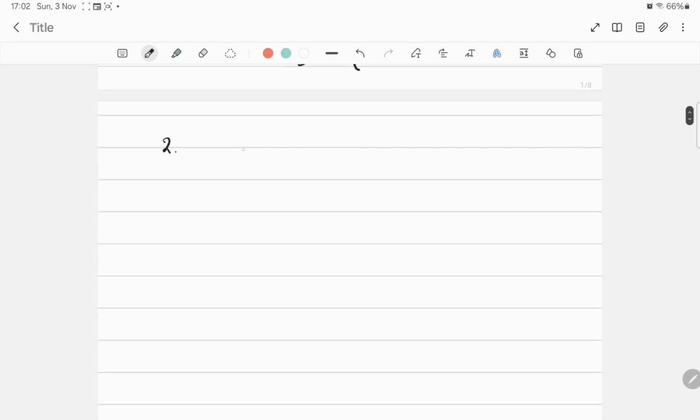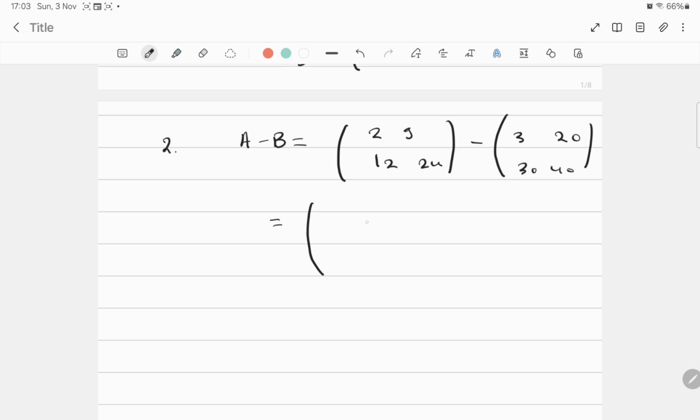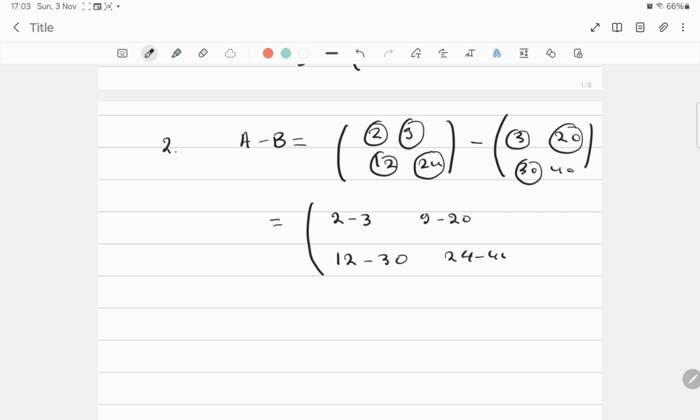The second question is to calculate the difference of the two matrices. Again, they have the same dimensions. We can calculate the difference between the two matrices. We take away element-wise, so it's 2 minus 3, 9 minus 20, 12 minus 30, 24 minus 40.